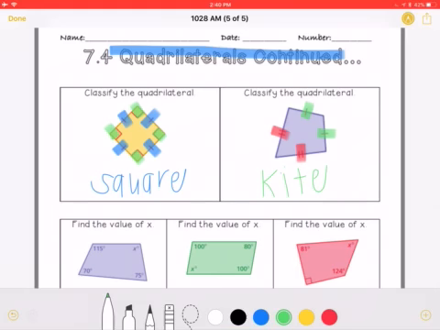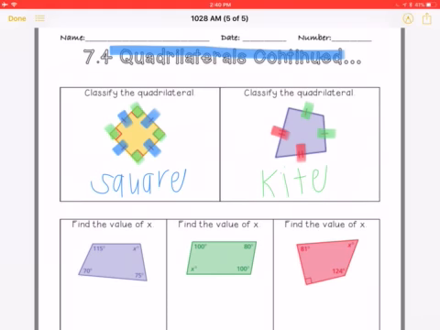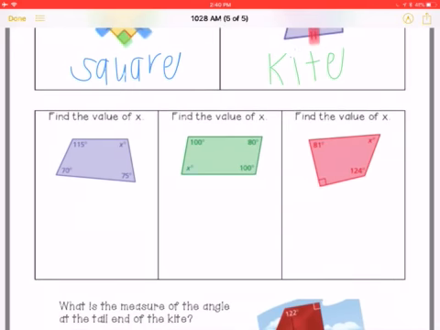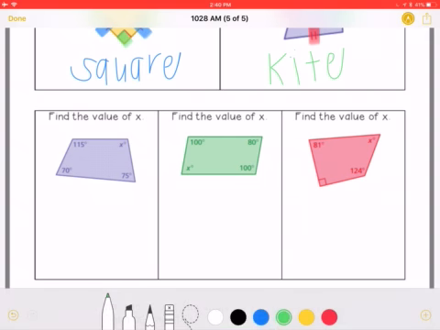All right, let's do some examples where we're using our key idea, that is the angle measures and what they equal. So reminder, the interior angles, when I add up all of these angles within my quadrilateral, it should equal 360. So I'm going to add 70 plus 75 plus 115 plus the x should all equal 360.